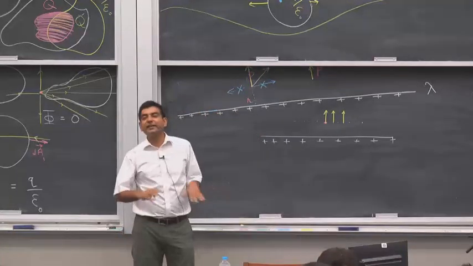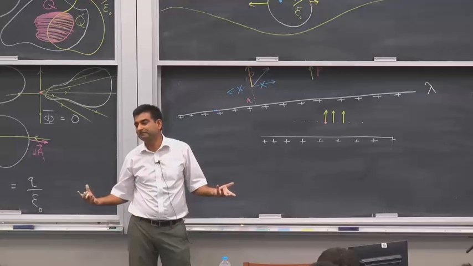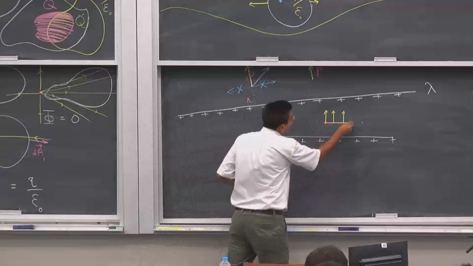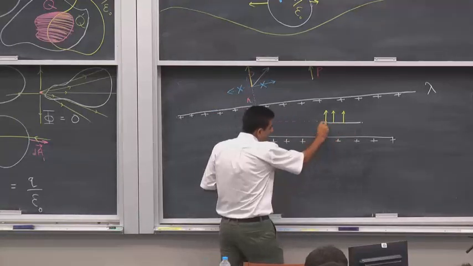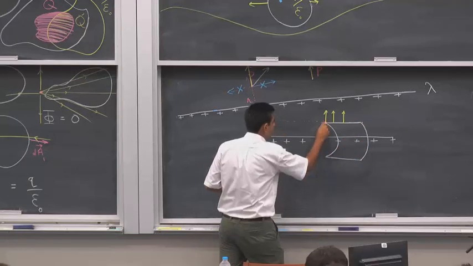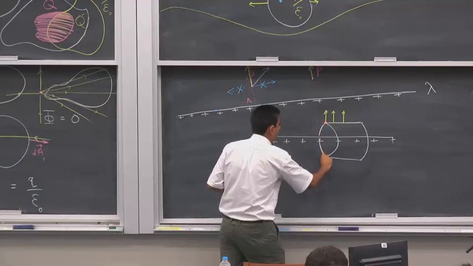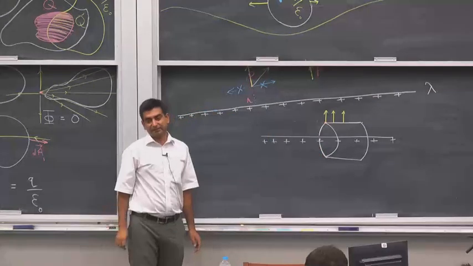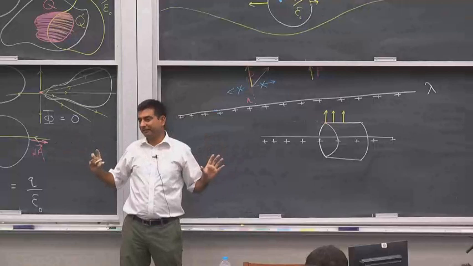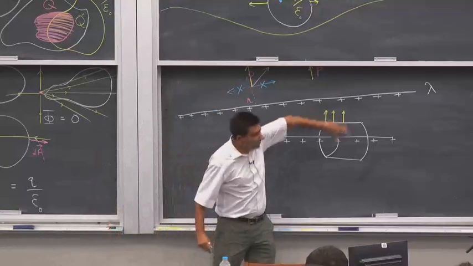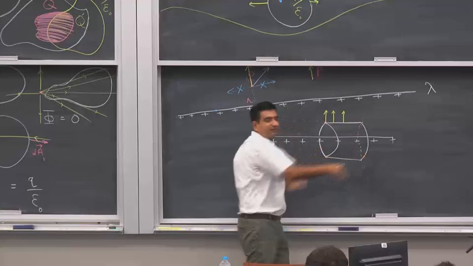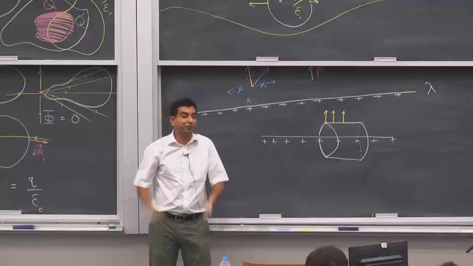The closed surface that I can think of is a cylinder here. If I draw a cylinder such that this is the length of the cylinder, and the line passes through the axis of the cylinder, then there is a curved surface and there are two end caps, two poles. This is the Gaussian surface I would like to propose.